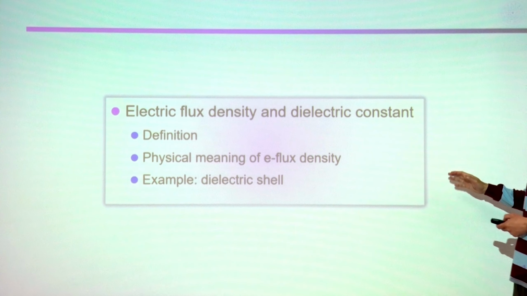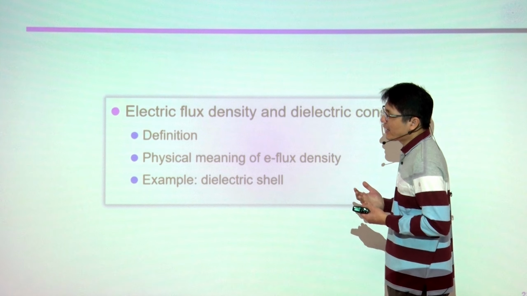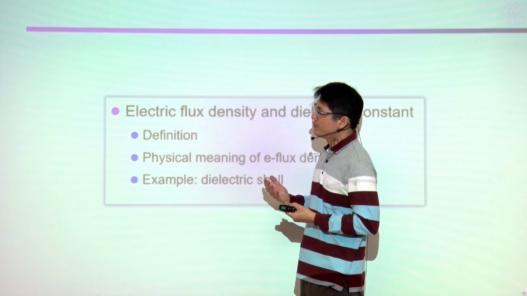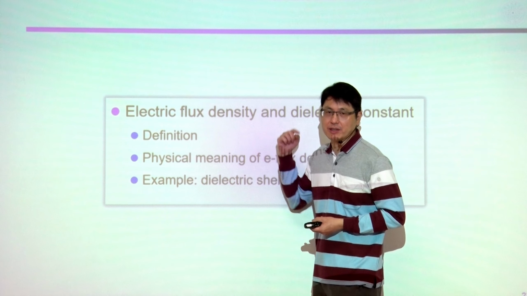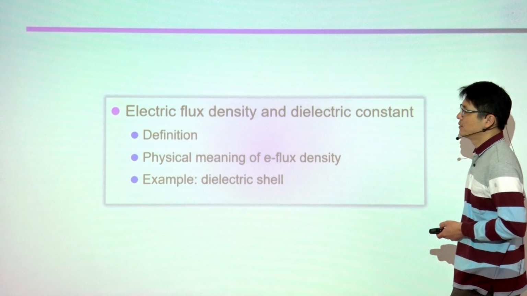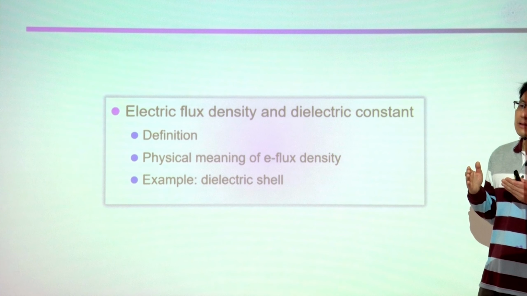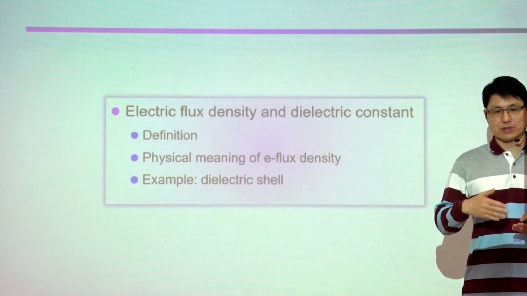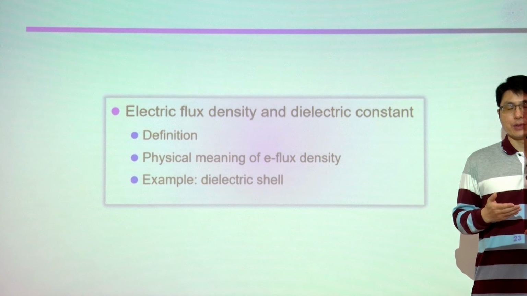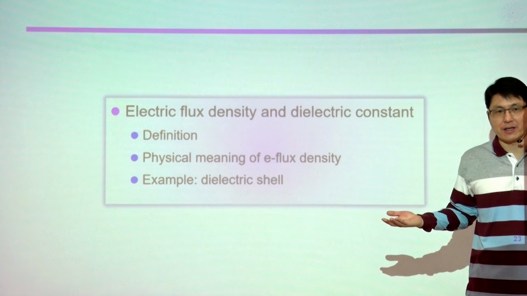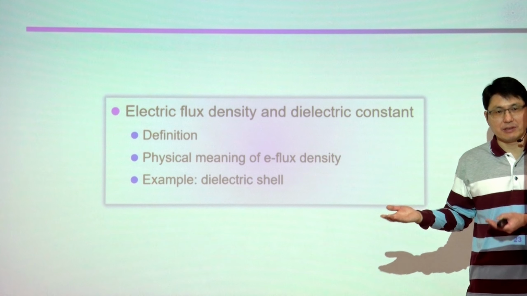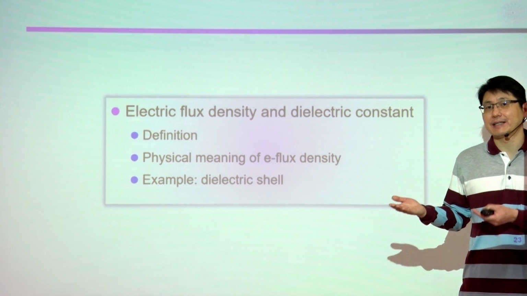And this is the point why we want to define a new vector field quantity, flux density, capitalized D. Okay? And it only makes sense to talk about D whenever you have materials. For vacuum, you don't really care. You only care about E, the electric field intensity.